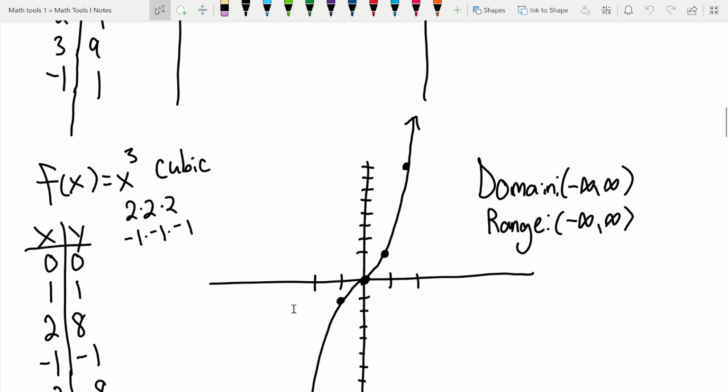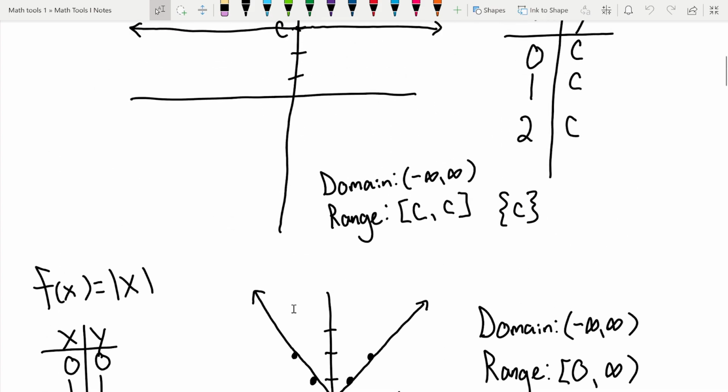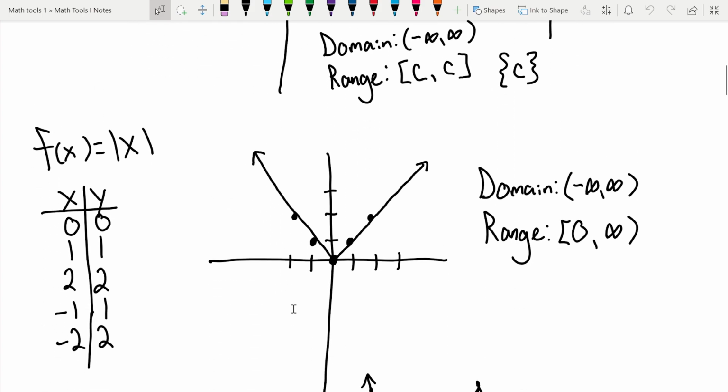So that's a quick way for you to visualize what the graph would be like. And you can also see it with things that don't have inverses. If you did it with the absolute value of x and reflect over the line y equals x, you would have something like this, and that's not a function.